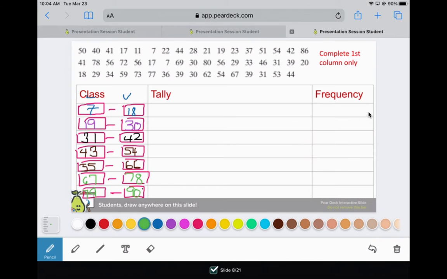So we're going to start. All right, I'm going to start with this first number. What we're going to do is count how many numbers fall into each class. So with the list of data, we're going to count how many numbers fall into each class. So let's start with the first number, 50. I'm looking at the classes, the intervals, and I'm going to see which class 50 falls into.